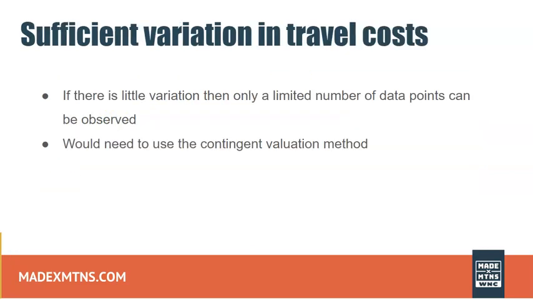Okay, in terms of sufficient variation, if there's not much variation, then you only have a limited number of data points on the demand function, and you need variation in those travel costs to be able to piece together the data points so that you can draw that downward sloping demand curve.